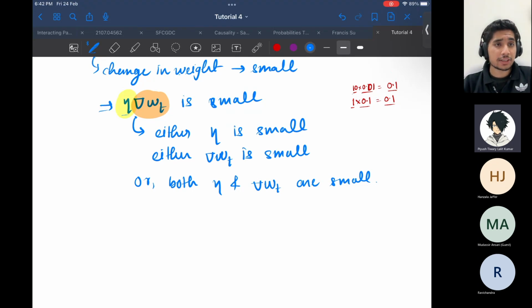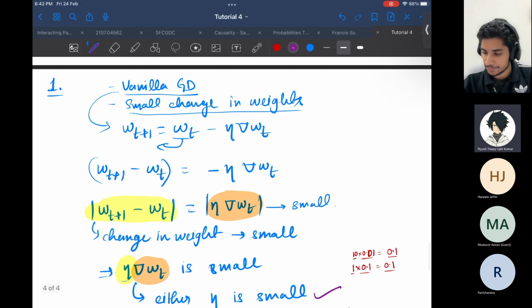There is an option which says gradient with respect to w is large. That is also not a correct answer. However, the other two options, which correspond to gradient with respect to w is small and eta is small, only these two options are feasible or possible.